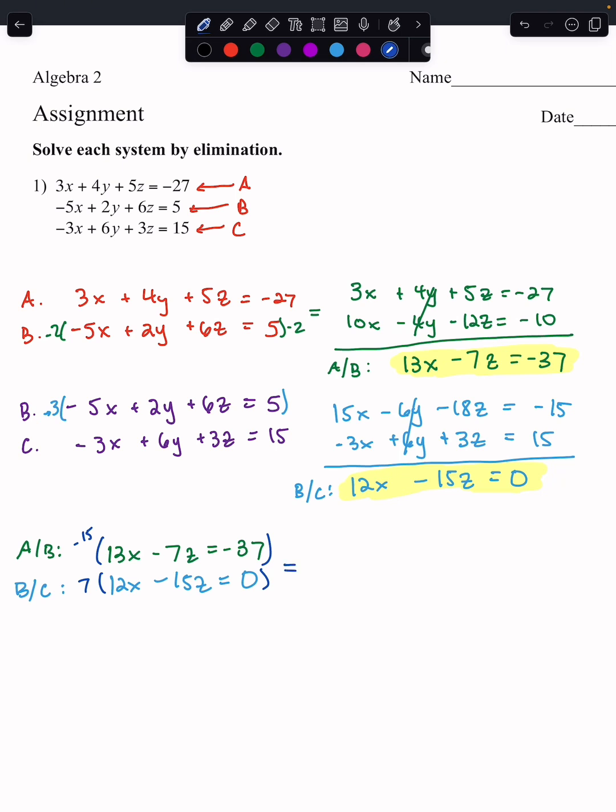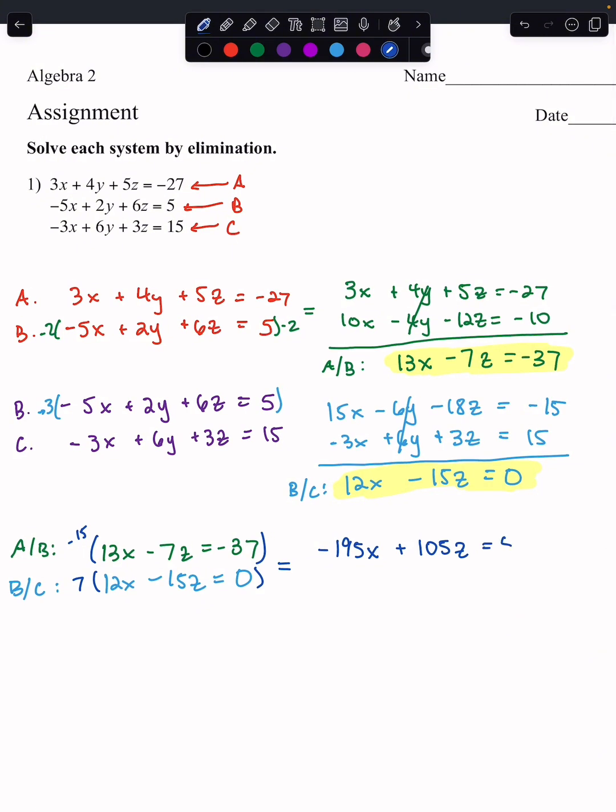So this ends up becoming negative 195x plus 105z equals 555. And now the bottom line is going to end up becoming 84x minus 105z equals 0.